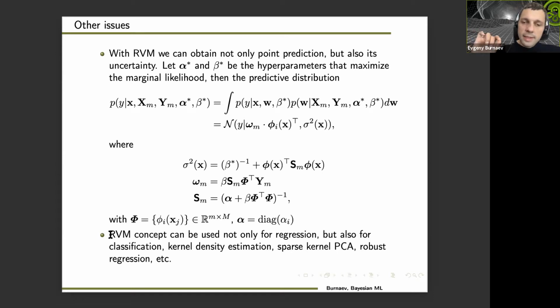So in any method, if I have a basis of some functions like kernel basis, wavelet basis, whatever, I can impose this Bayesian prior, and I can perform adaptive selection of basis functions using the approach I presented. And so this method was generalized to these different types of problems as well, not only for regression.